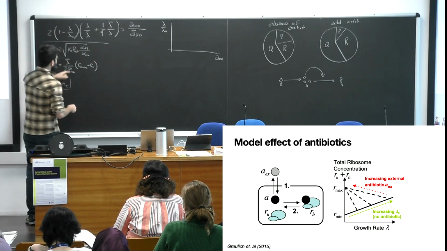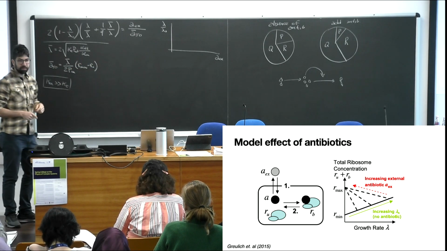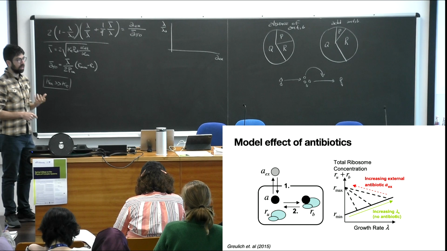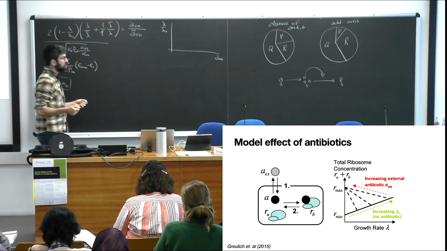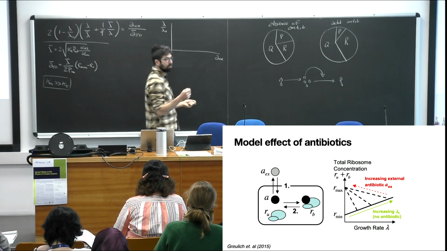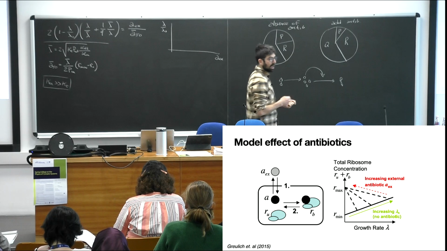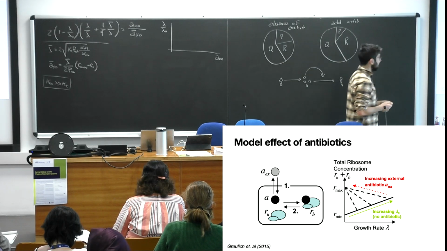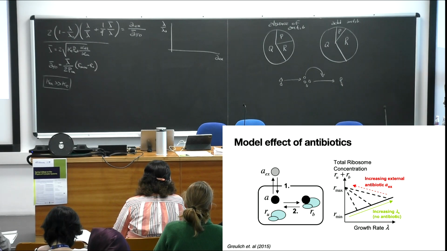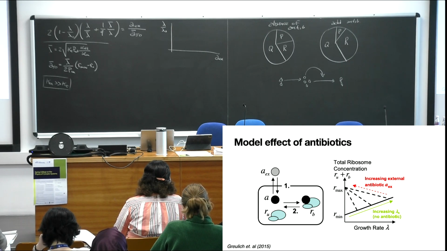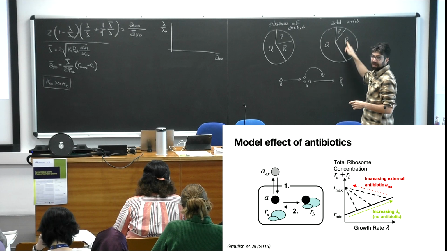And then we have K on and K off, which represents the rate at which the antibiotics binds to and unbinds from the ribosomes, so these 2 arrows. And then we have Rmax minus R naught, R naught is R min, which represents this span.